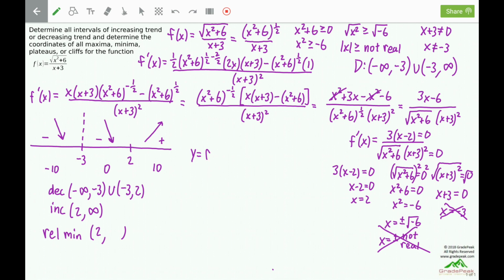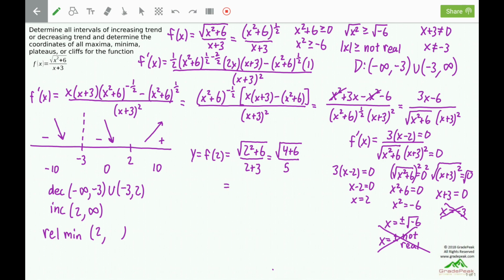So the y-coordinate will be f of 2, which is going to be the square root of 2 squared plus 6, divided by 2 plus 3, which is the square root of 2 squared is a 4, and 2 plus 3 is a 5.